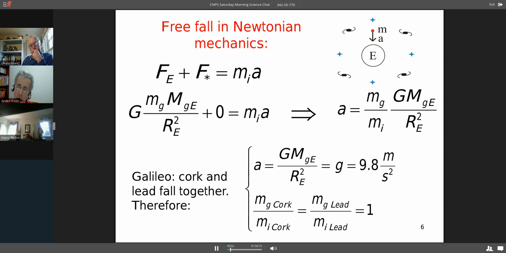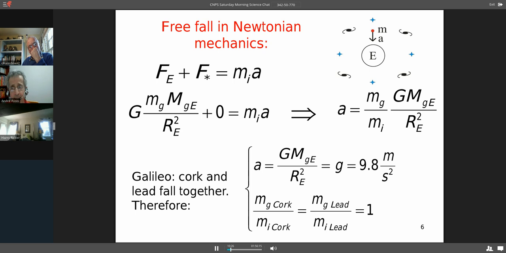For instance, with pendulums, one of cork and another of lead, he showed that both pendulums would oscillate with the same frequency if both pendulums have the same length. So it is this experiment of Galileo which allows us to cancel the gravitational mass of the apple with the inertial mass of the apple, because according to Galileo's experiment, this ratio is the same for all bodies.